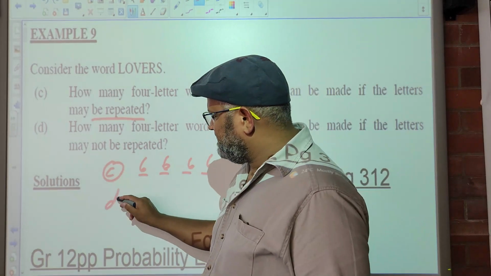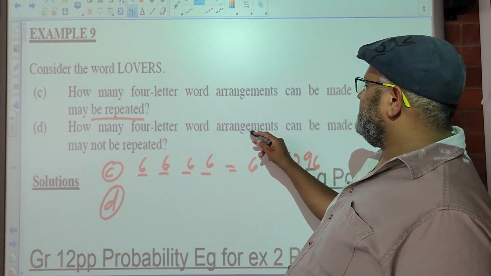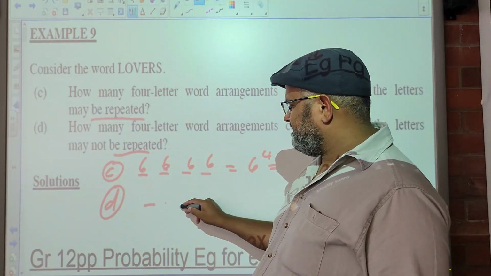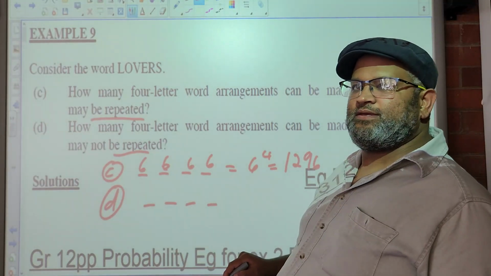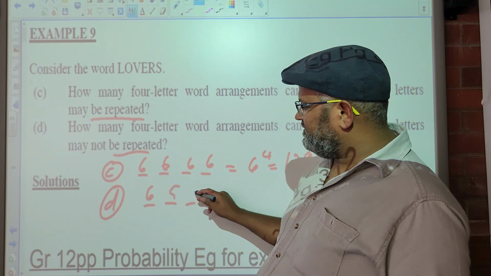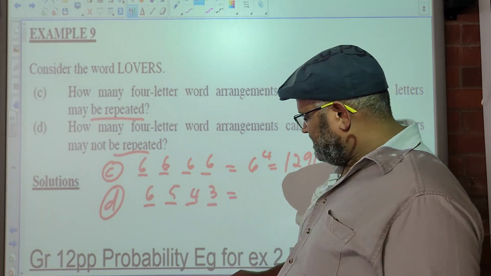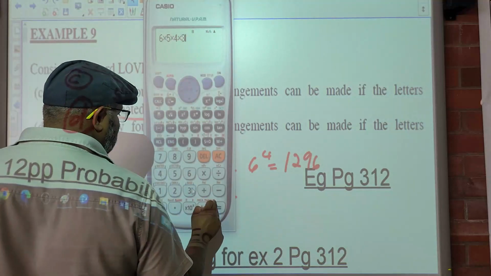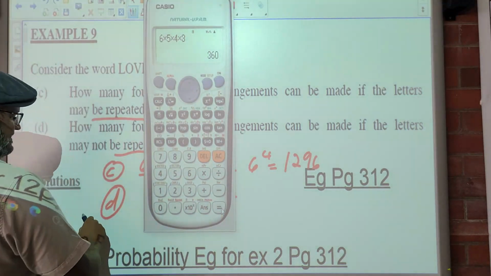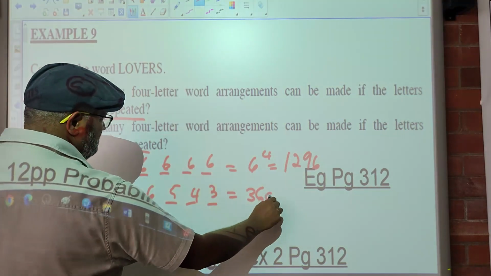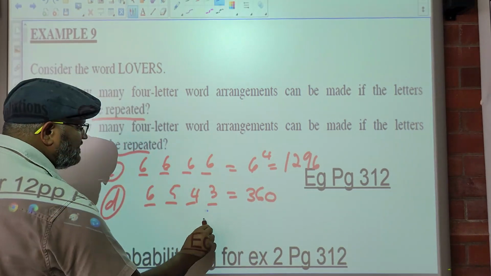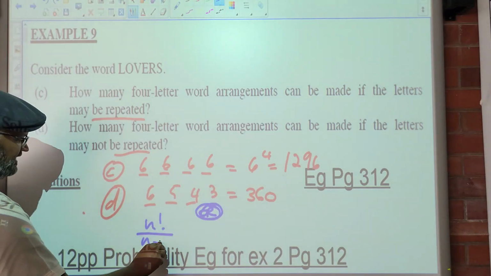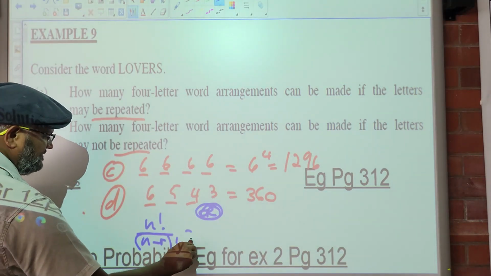And then D, how many 4-letter word arrangements can be made if the letters may not be repeated? 6 then? 5, 4, 3. That would be 6 times 5 times 4 times 3. That's 360. And if we had applied factorial, that rule is n factorial over n minus r factorial.